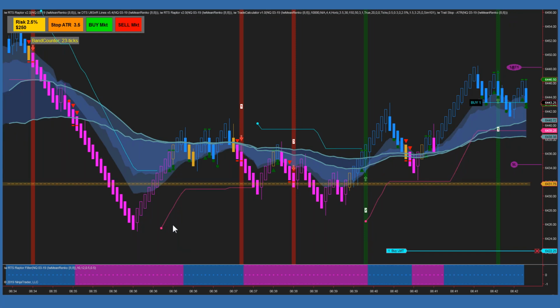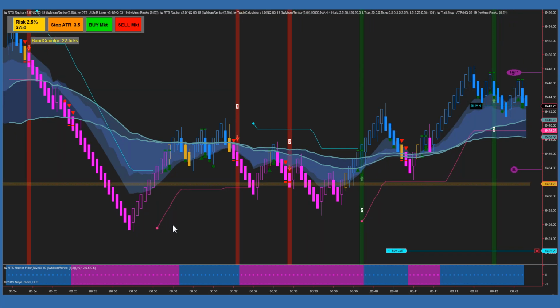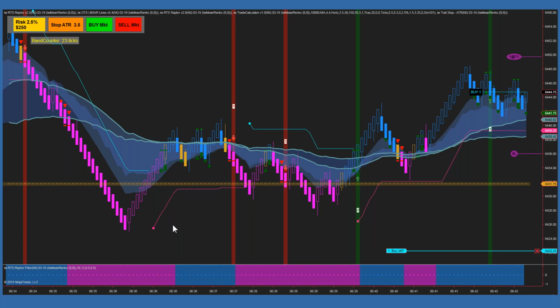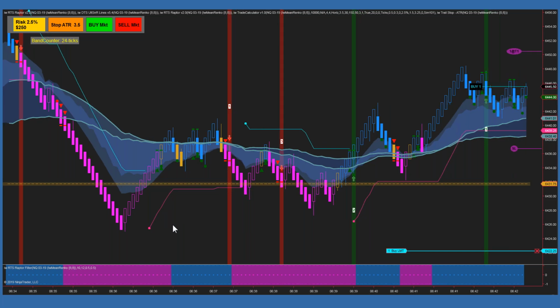But don't feel like you have to switch over to Ninja 8. Ninja 7 still very stable, still supported by NinjaTrader.